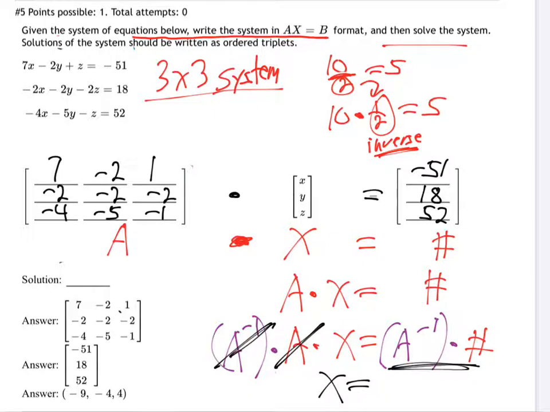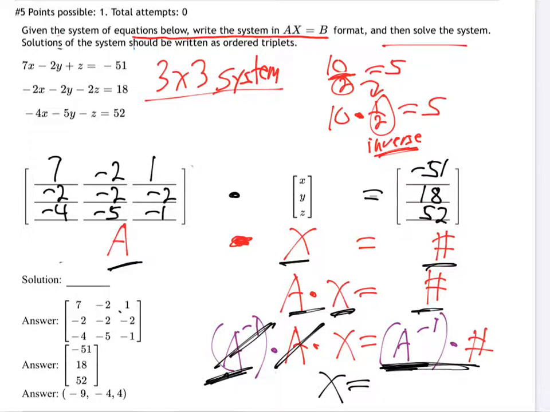So, again, this is a big matrix equation. Matrix A times matrix X equals number. A times X is number. And the way to get rid of the A so that X can be alone, so you can solve for X, is you multiply both sides by the inverse of A. Multiplying by the inverse is the same as dividing.